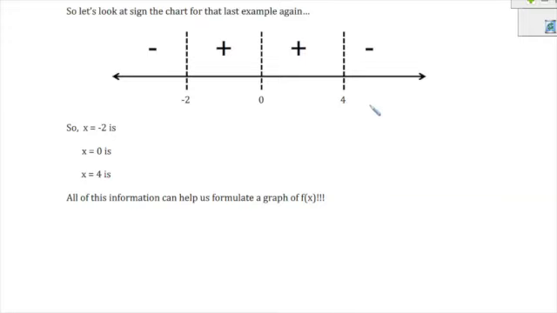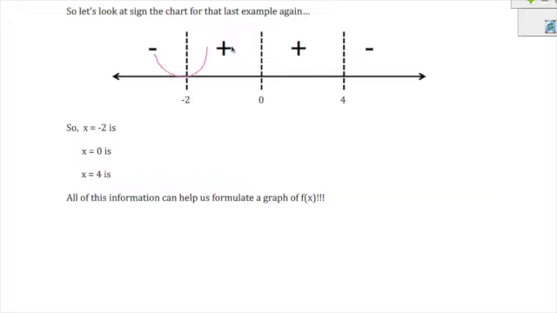And this is a classic part of an open-ended question on the AP exams, like part A or part B, where it says find all the relative maxes or something like that. And you would have to, a sign chart is not enough, you'd have to explain. So x equals -2, we go from decreasing to increasing, right?